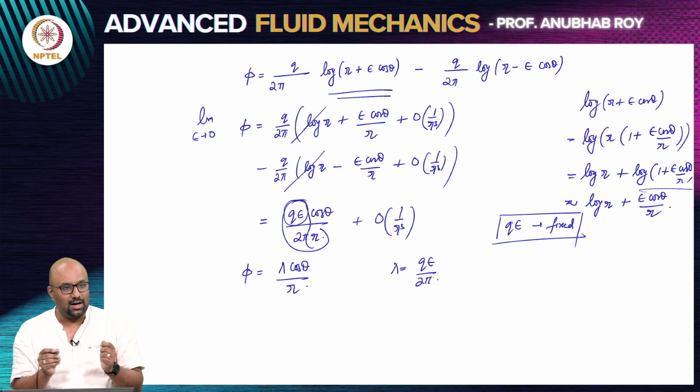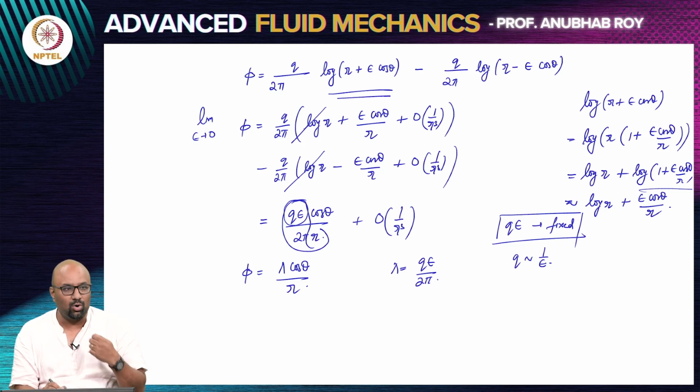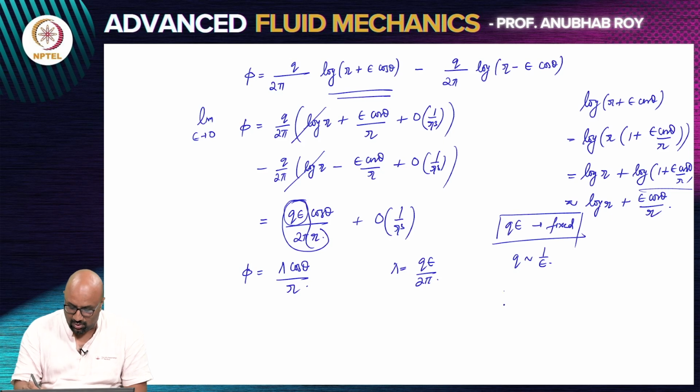So, when you bring a source and sink closer and closer, such that their strengths are also increasing, q is basically going as 1 over epsilon. So, they become more and more intense as they are brought closer, and eventually you get the dipole picture. You can think of it that initially there is a sink and a source, and when they are far apart, they look something like this.